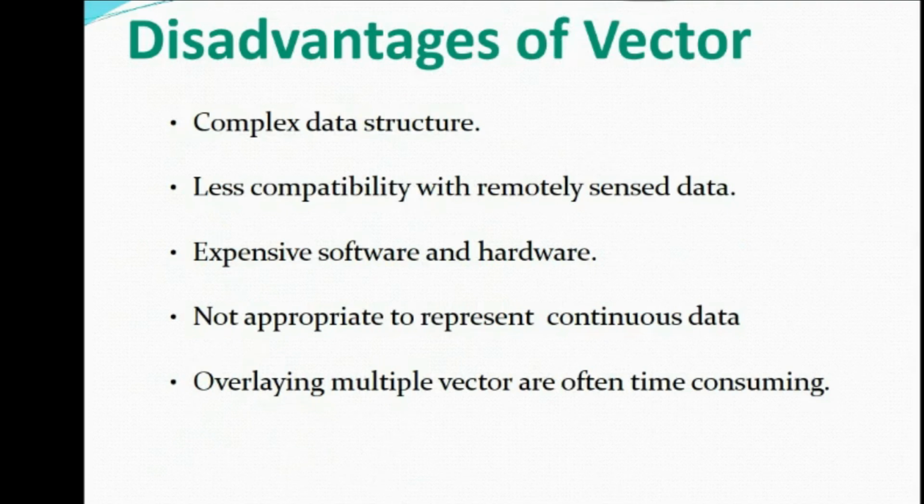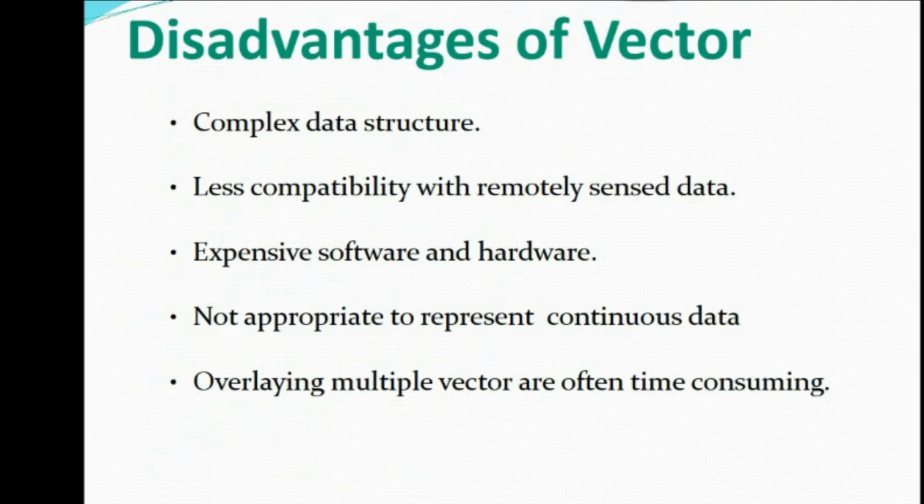What are the disadvantages of vector data? It is considered a complex data structure and has less compatibility with remotely sensed data. Why? Because especially remotely sensed data are already in raster format.